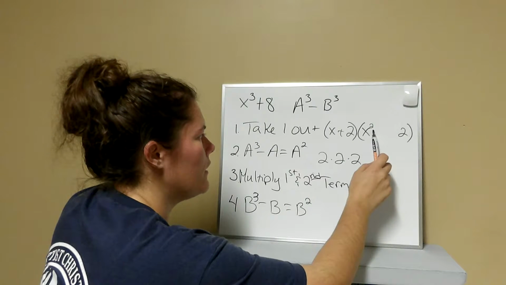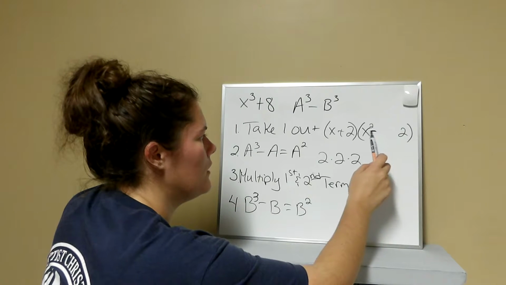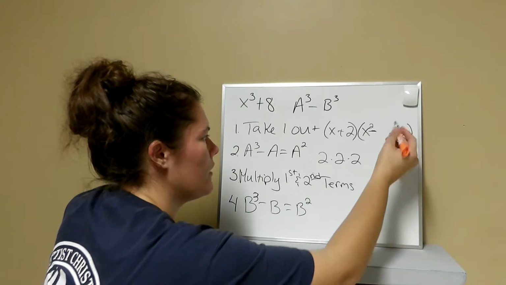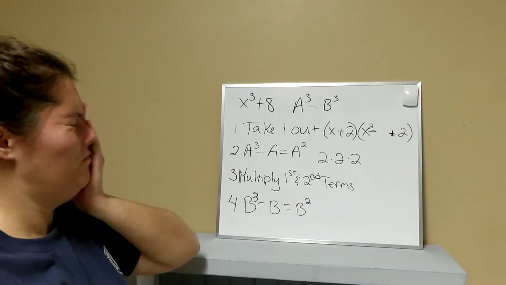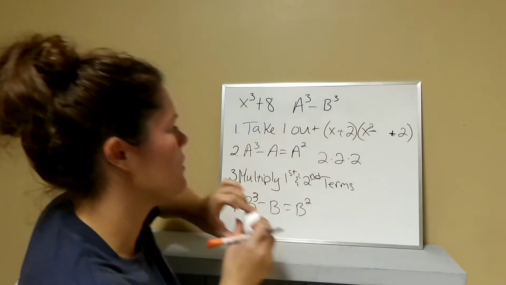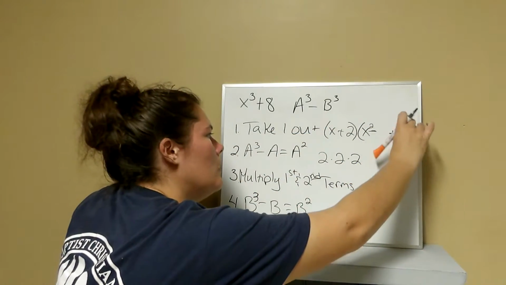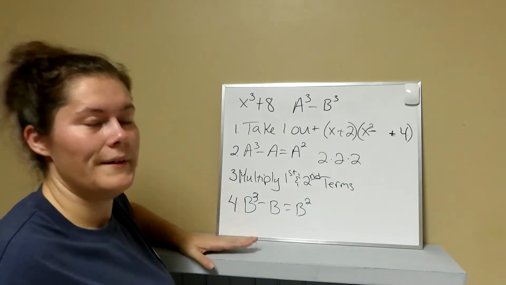And you would put a negative here and a positive here. Sorry, I did that wrong. It's not supposed to be a 2, it's supposed to be a 4, because you took 1 out.